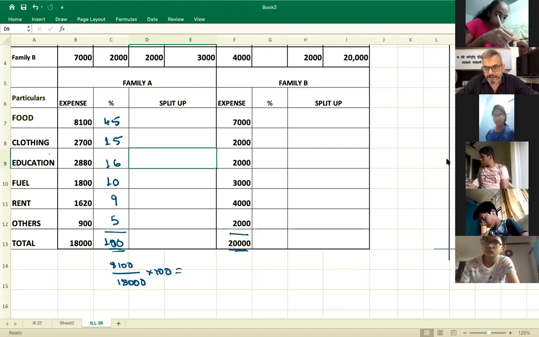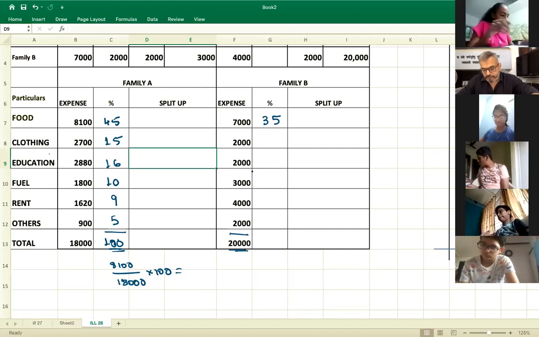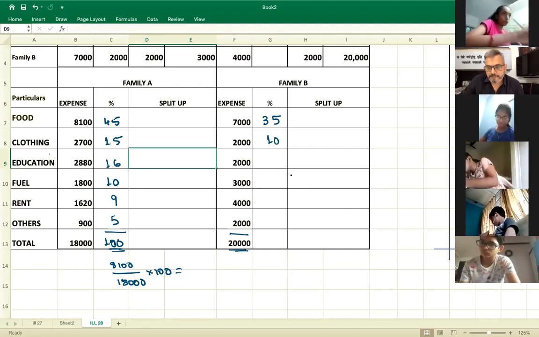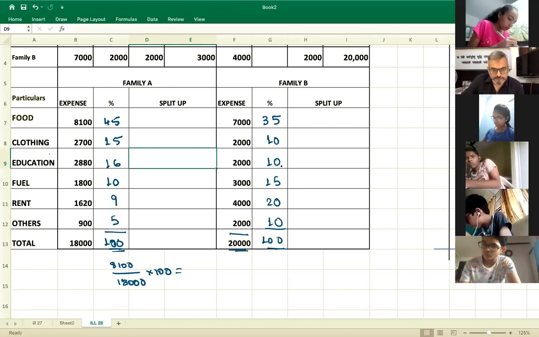Yes, sir. Okay, so we write 35, then 2,000 divide by 20,000, press percentage, you get 10%. समझ आई वो तो? Yes, sir. I got. Okay, then again 2,000, so 10, 3,000, so 15, 4,000, so 20, and 2,000, so 10. Total should always be 100, cross verify: 35, 45, 55, 70, 90, and 100.